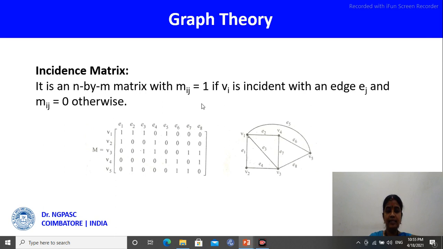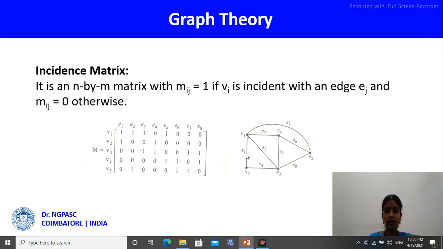Next, incidence matrix. It is an n by m matrix with entry 1 if Vi is incident with an edge Ej, otherwise 0. In this example, V1 is connected with E1, so V1 E1 is 1. V1 is connected with E2, so V1 E2 is 1. V1 is connected with E3, so V1 E3 is 1.